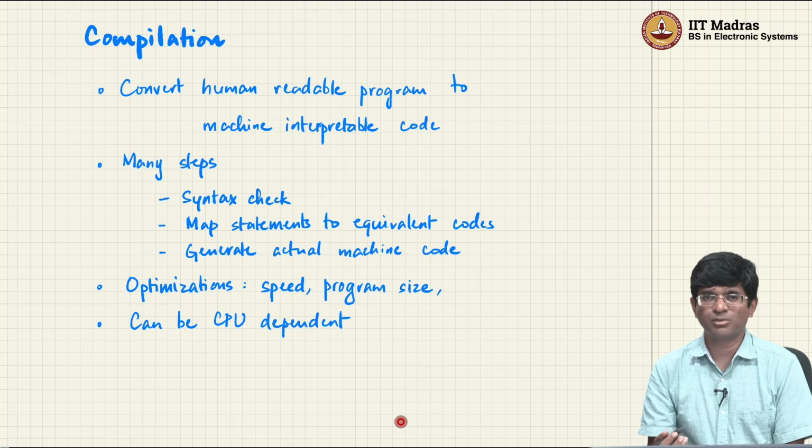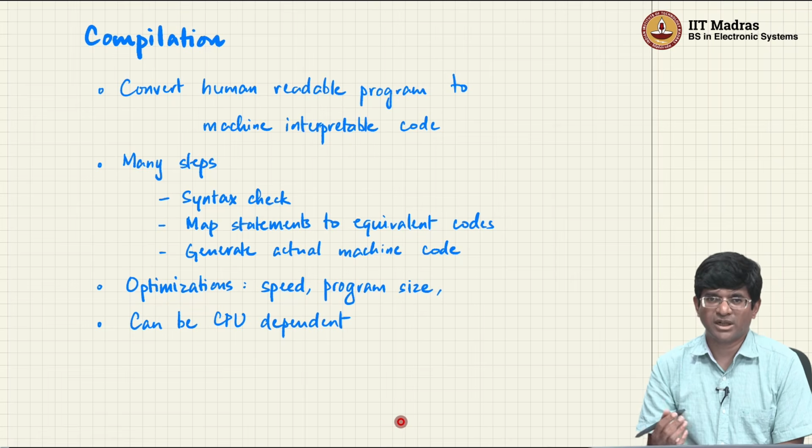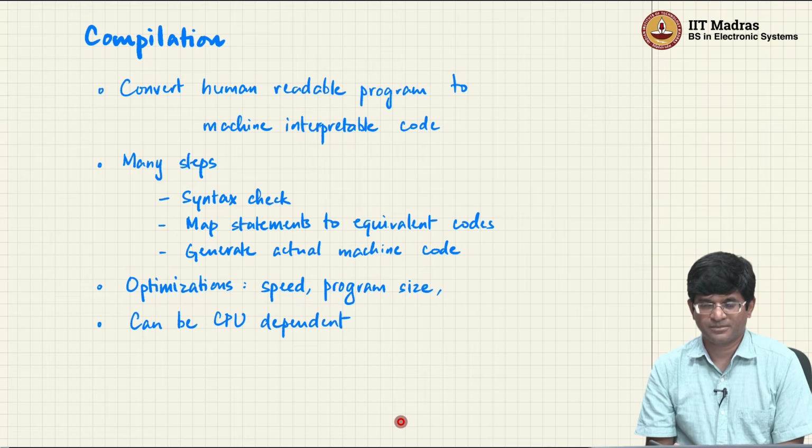Maybe I want my final program to run faster. How could I do that? If I could use 2 instructions to do the job of 3, then maybe I might be able to cut down on 1 instruction and thereby make it faster. There might be certain ways in which using one particular kind of instruction turns out to be a faster way of performing a computation than another one.